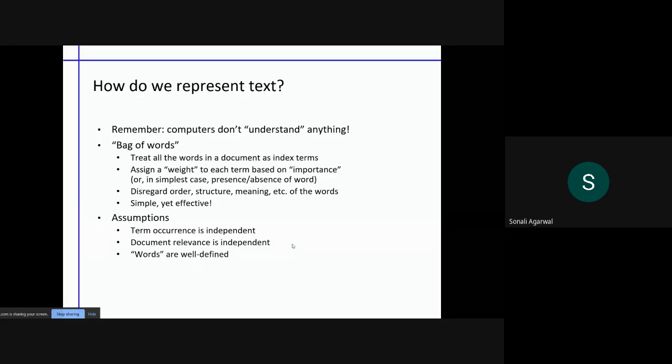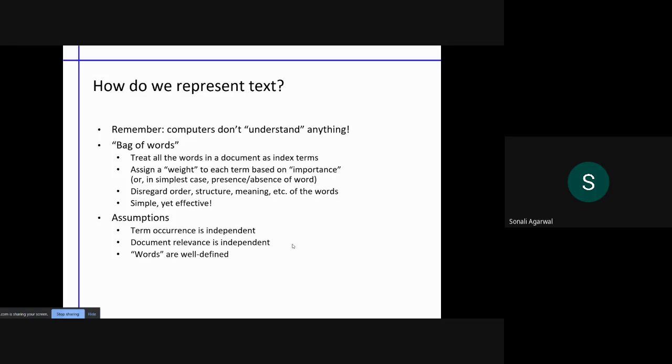As far as the data is concerned, how does the information retrieval mechanism handle various data types? If we go for text data, most of the time it is represented in terms of a bag of words.